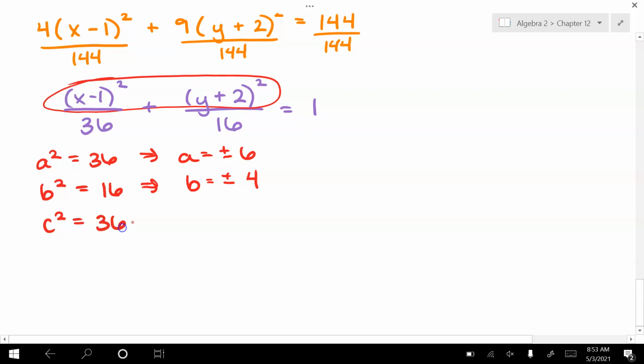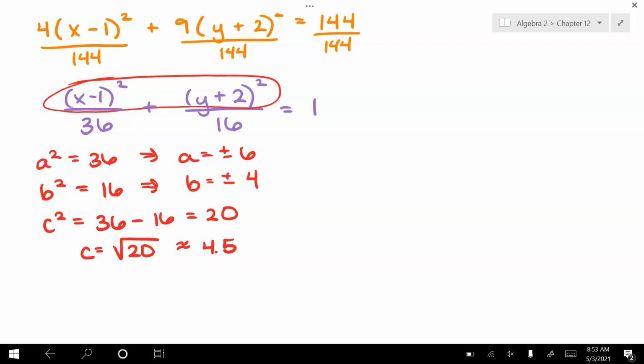So 36 minus 16, which is 20. So if we square root 20, I'm pretty sure it's about 4.5. Yes, you get 4.47, so I'm going to round it up to 4.5. Okay, so now let's write out our center and all of that stuff that we need so we can graph this.